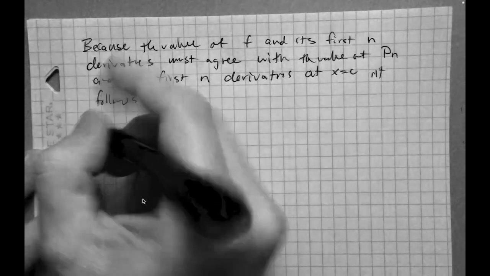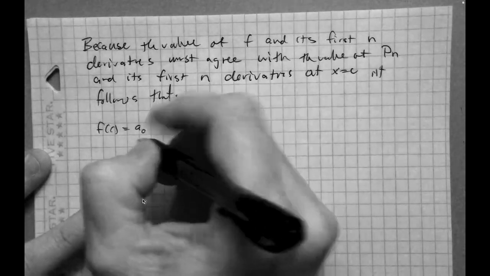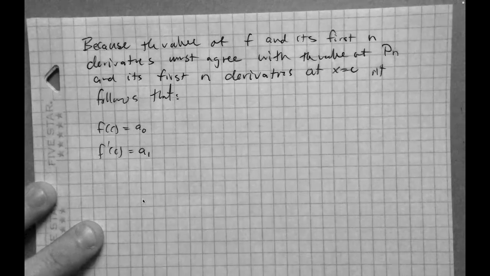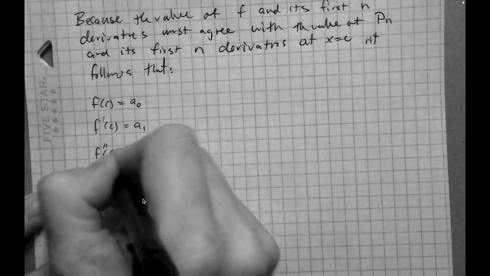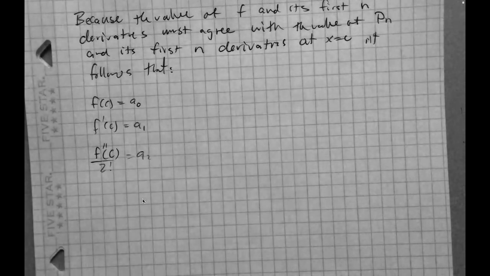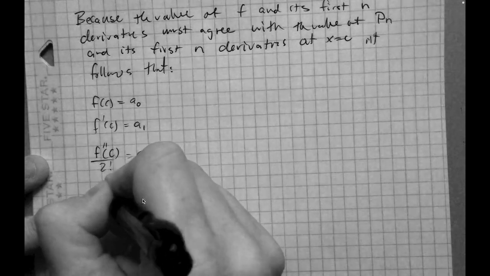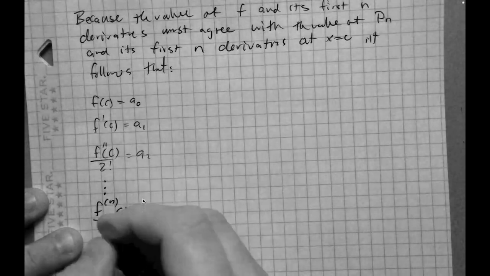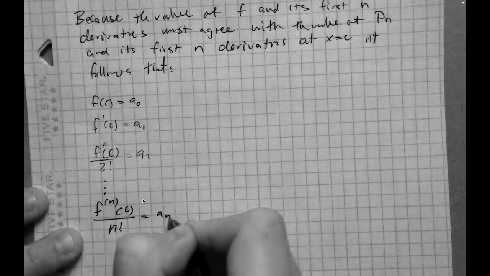it follows that, and here's another way to say what we've just said, f of c is equal to a0, f prime of c is equal to a1, f double prime of c over 2 factorial is equal to a2, and f of n of c over n factorial is equal to a of n.